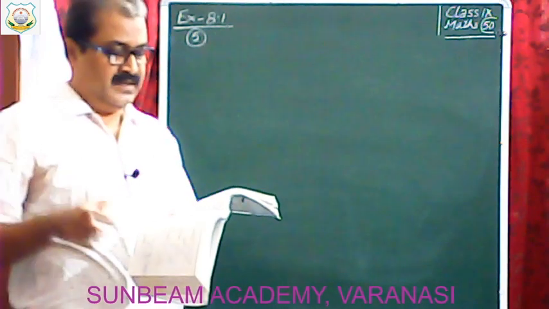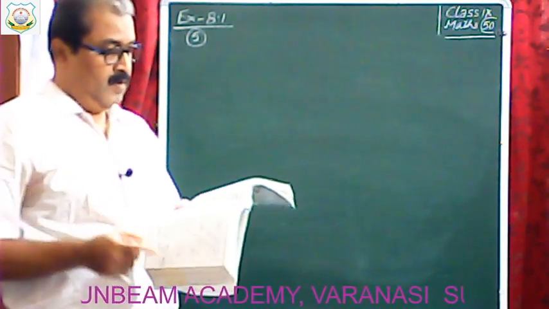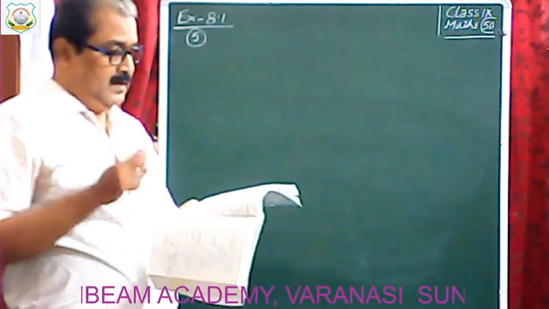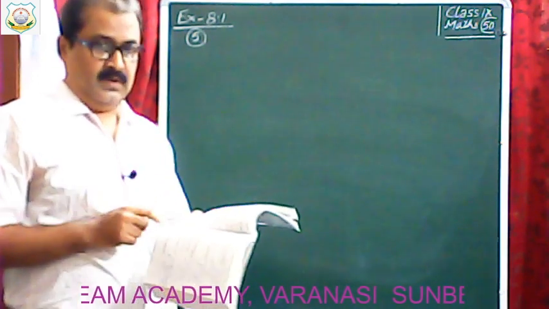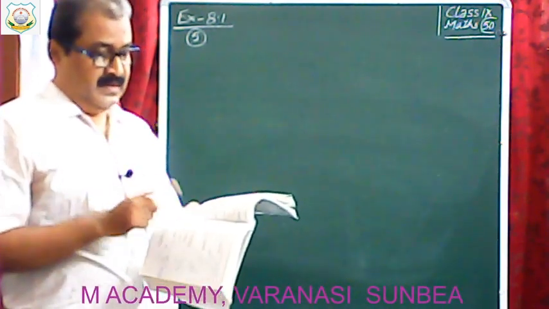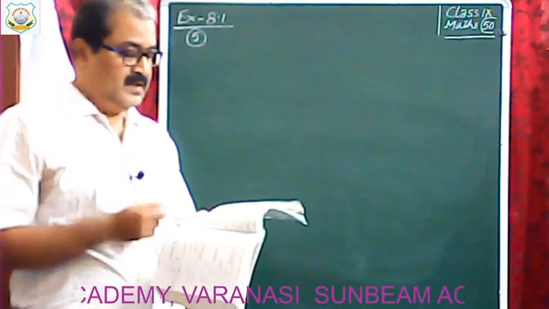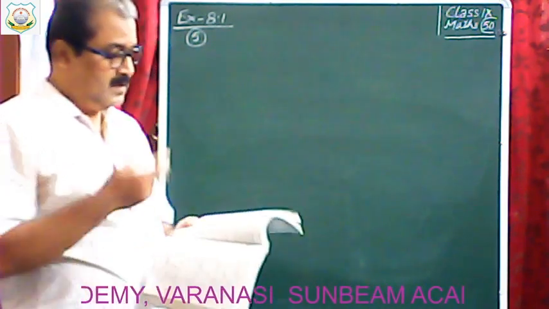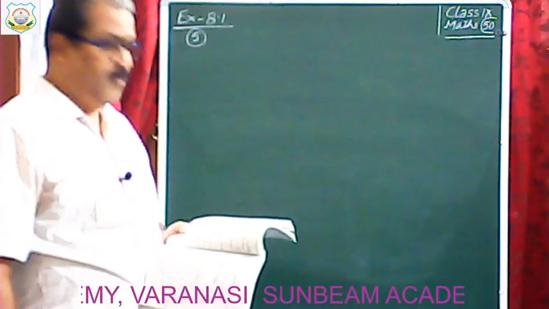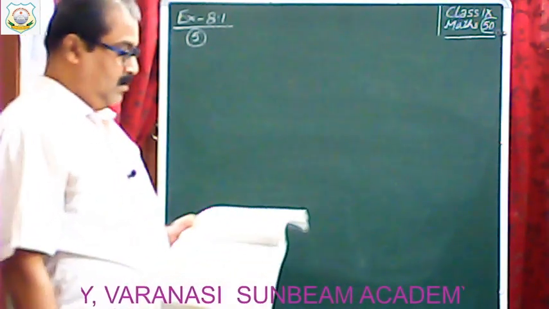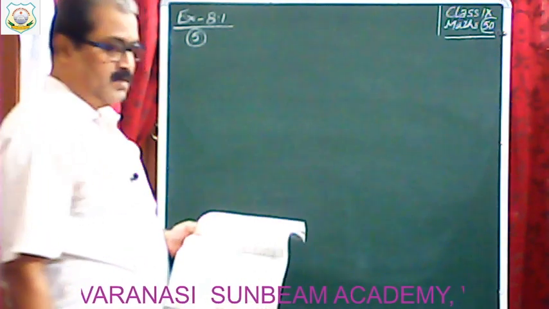When a quadrilateral is given, and in this quadrilateral diagonals are equal and bisect each other at right angles also given, then you have to prove it is a square. And this is a converse of question number 4. Okay, question number 5 is converse of question number 4.